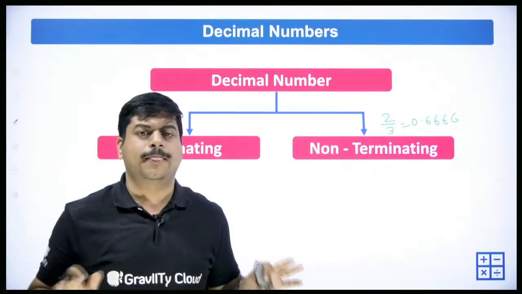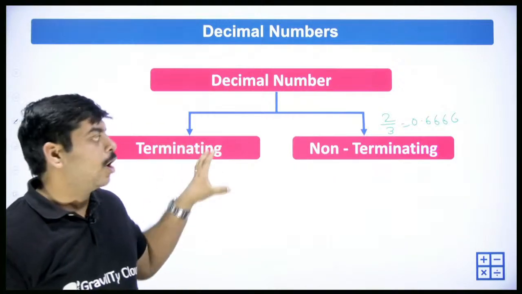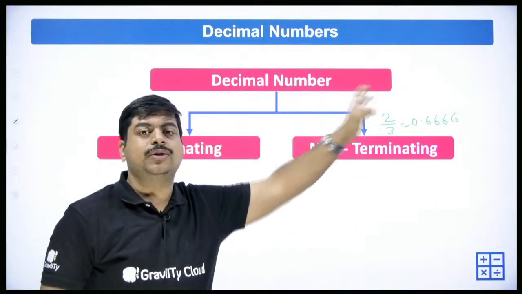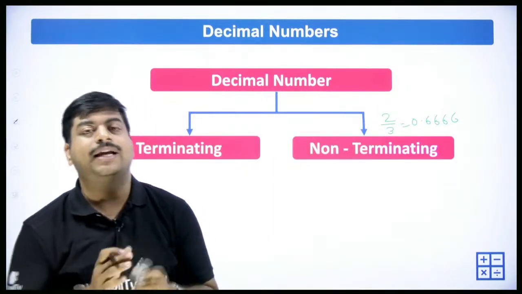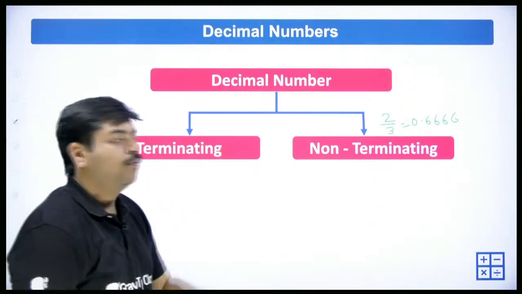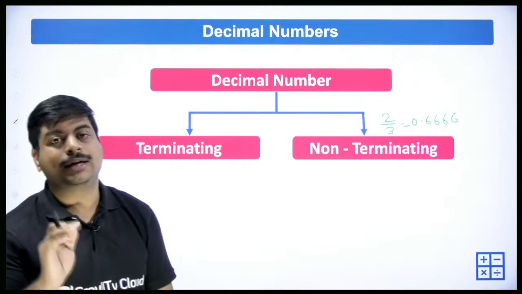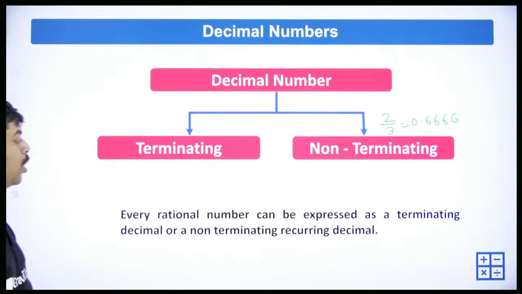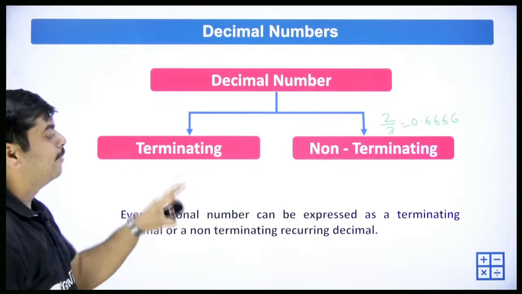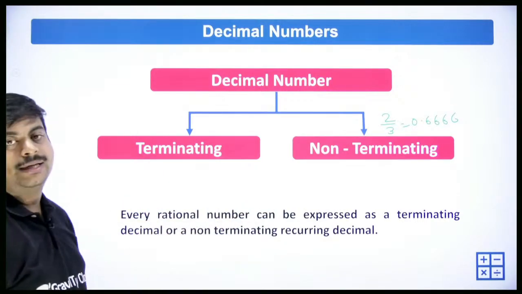The word terminate means to stop. Here there is a stop. Here there is no stop. It continues forever. So decimals we can classify into two types: terminating and non-terminating. Correct? So every rational number can be expressed as a terminating decimal or a non-terminating recurring decimal.